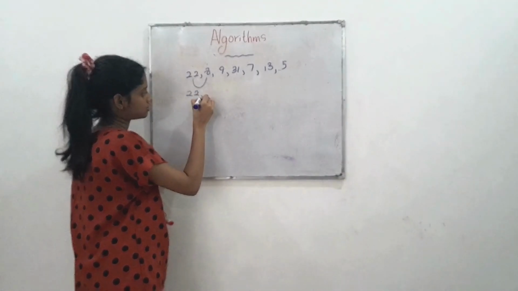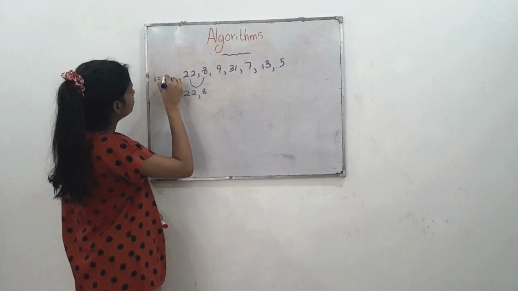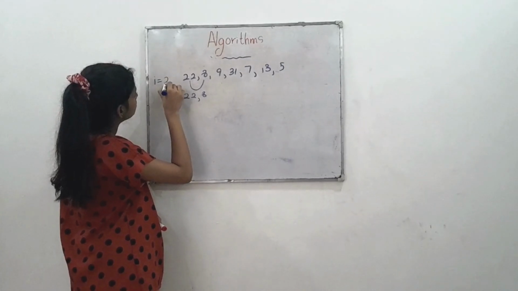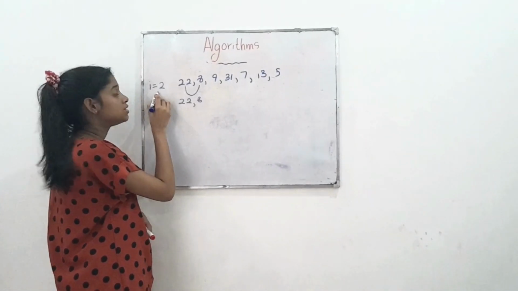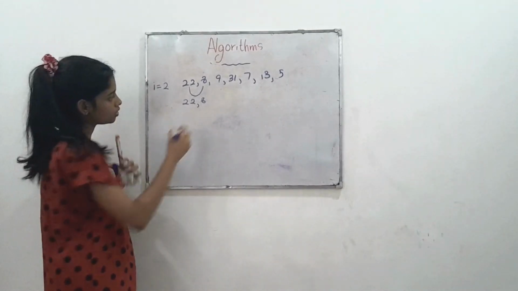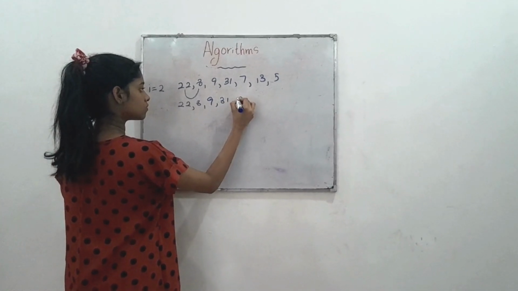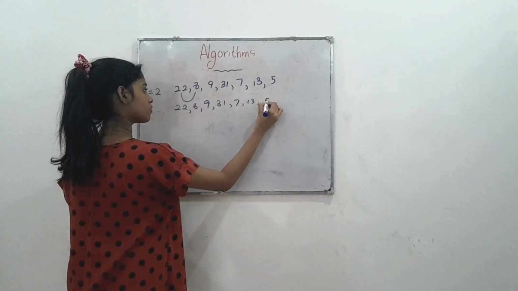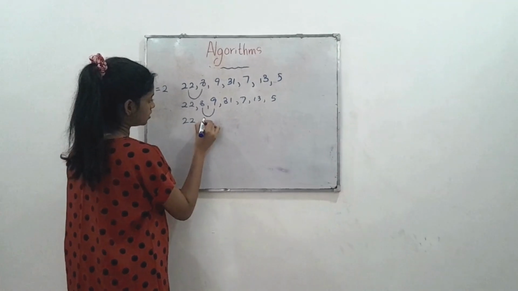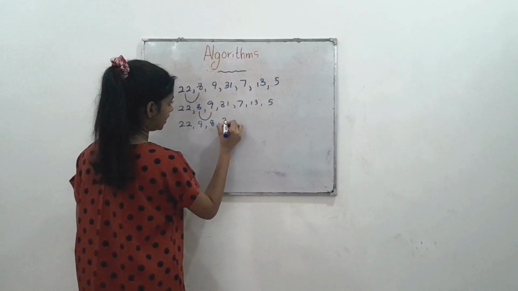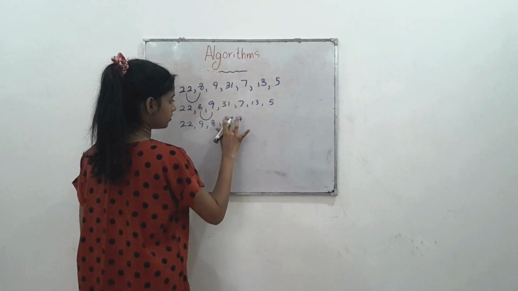Oh, I forgot to put the i count, so please remember to put this value as well. Then check these numbers. Yes, 9 is larger than 8. I'm sorry, this is 31, okay?